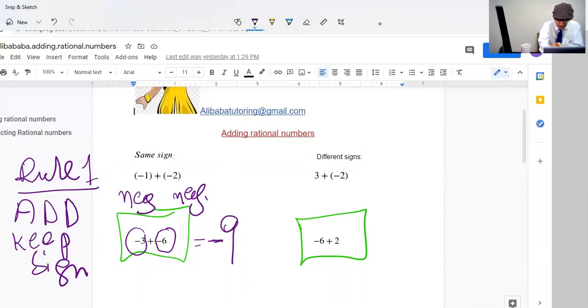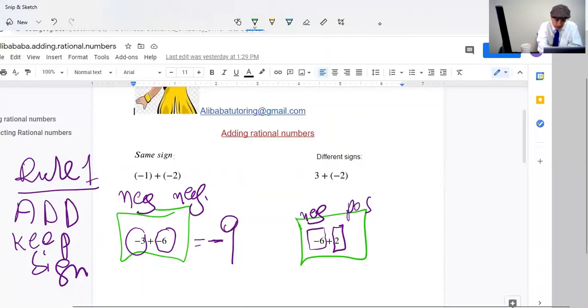Okay, here is different sign. We have the 6 to the left is negative 6. The 2 to the left is positive 2. And you can see there's nothing next to the 2. We know that as being positive. And the plus between them, that tells you it's an addition. So since they are different signs, the rule says, hey, go ahead and subtract.